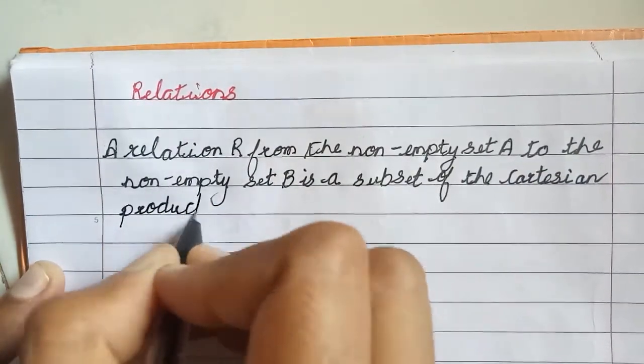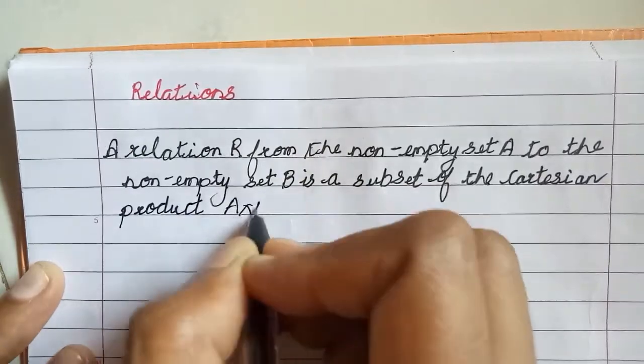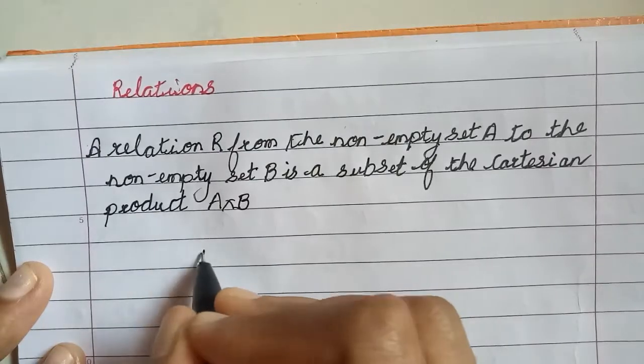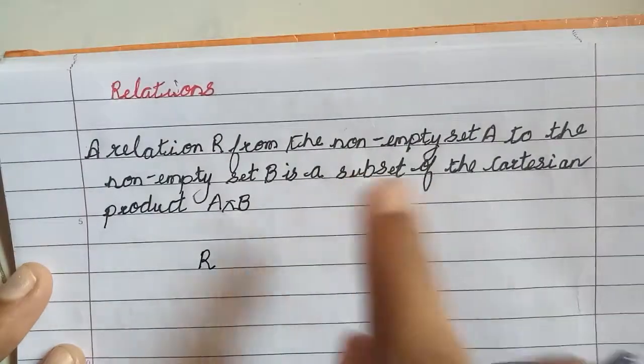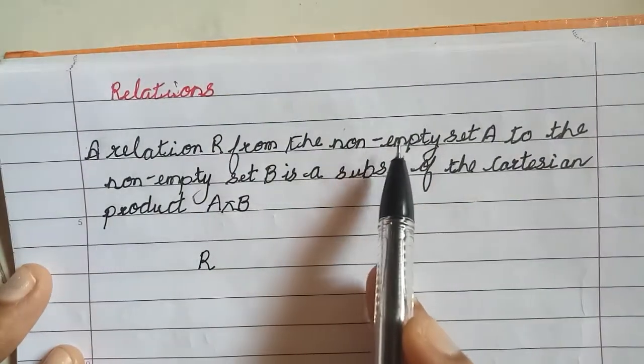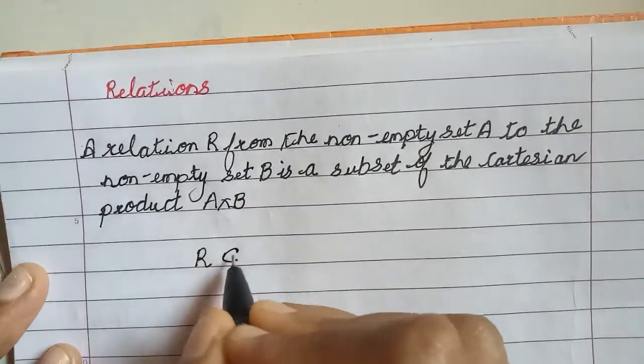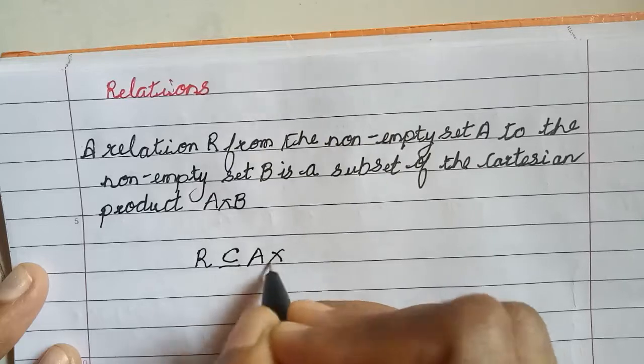Cartesian product of two sets A and B is A cross B. So the definition says that a relation R from a non-empty set A to a non-empty set B is a subset of A cross B.